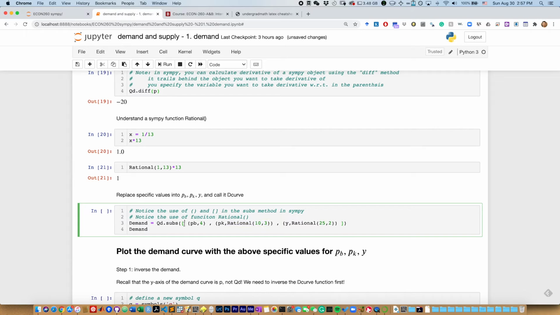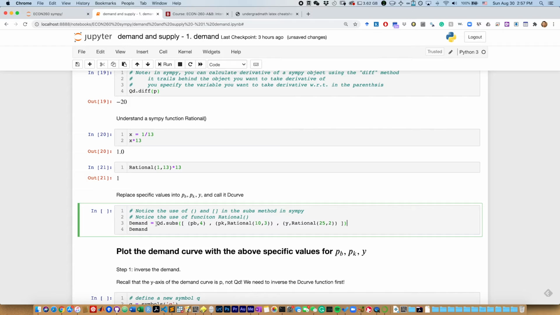All right. Now comes to the use of substitution. And this is just the way the function is defined in sympy, and there's really, again, not too much reason about why it is the case. So it needs to use parentheses first and then the square brackets, right? So it's a little bit weird, but we'll have to live with it.